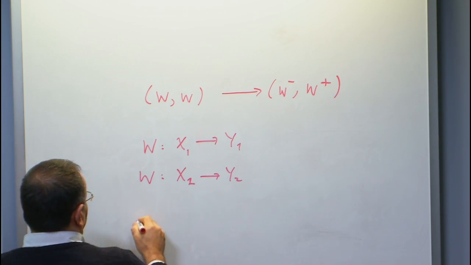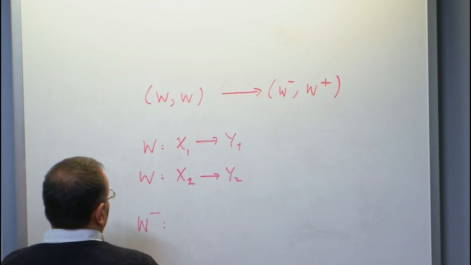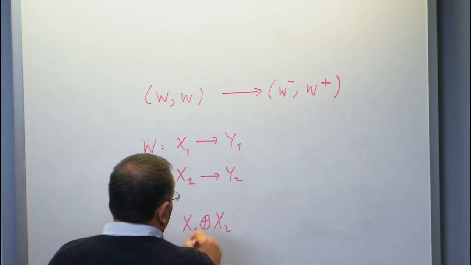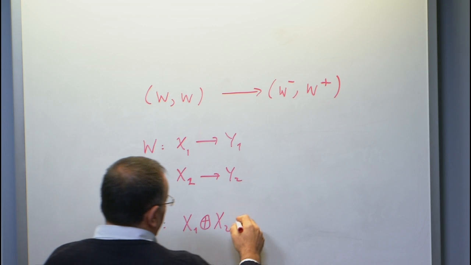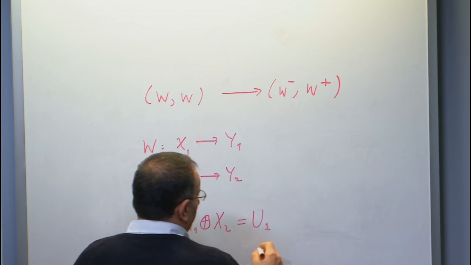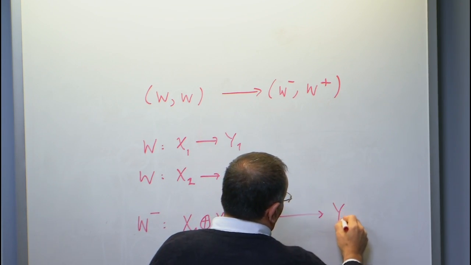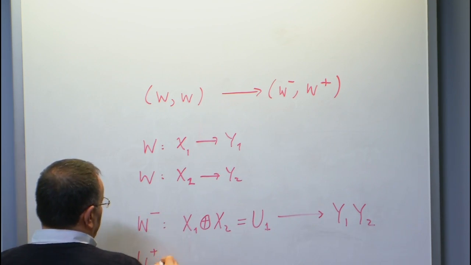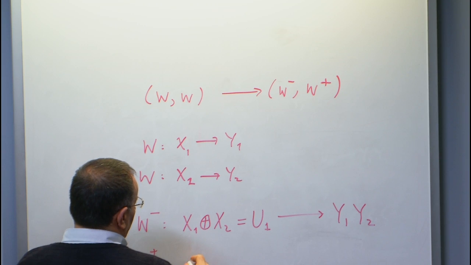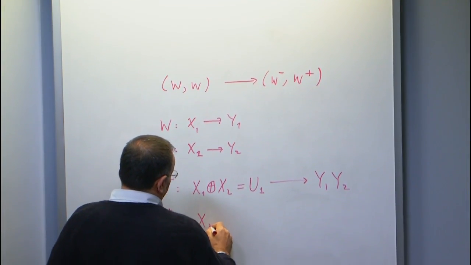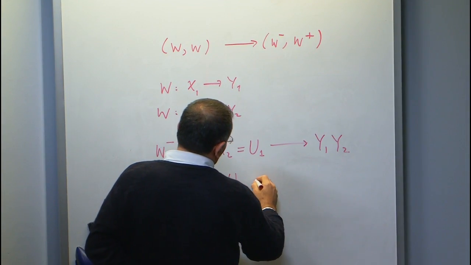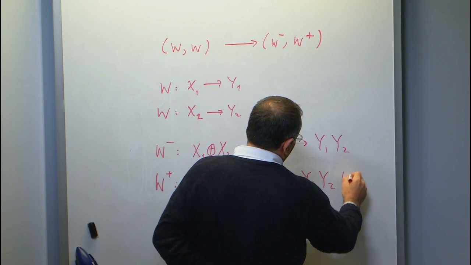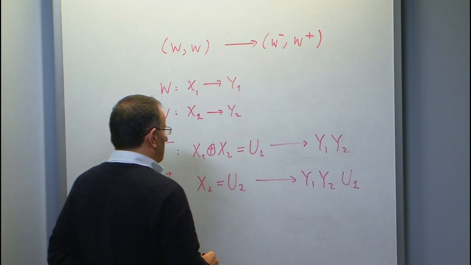The W minus channel is a channel whose input is X1 plus X2, which we call U1, and the output is Y1 and Y2. The W plus channel is the binary input channel whose input is X2, or U2, and the output is Y1, Y2, and U1.